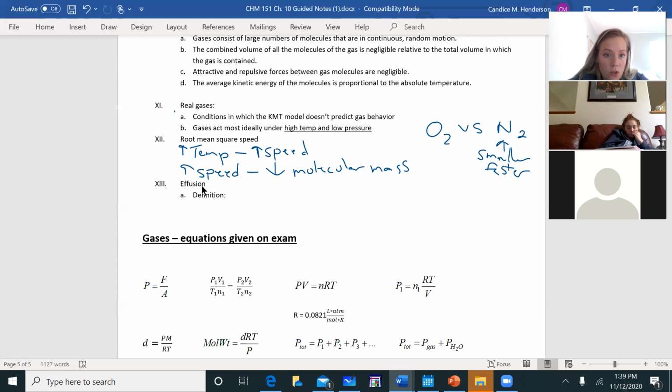As far as effusion, it just means how quickly a gas will escape through a hole. So how fast gas escapes through a hole, a confined hole, a small hole, okay? So as far as molar mass is concerned, what do you think?